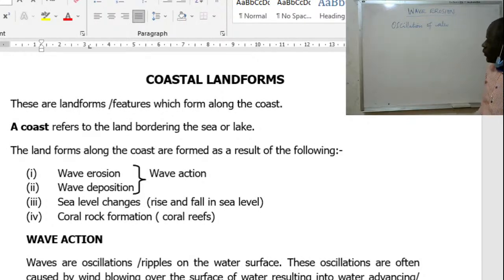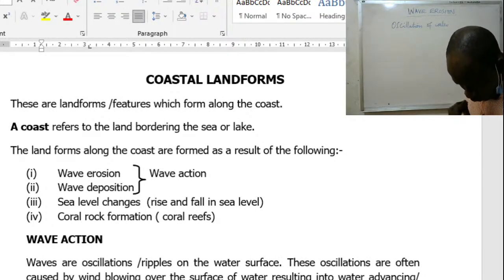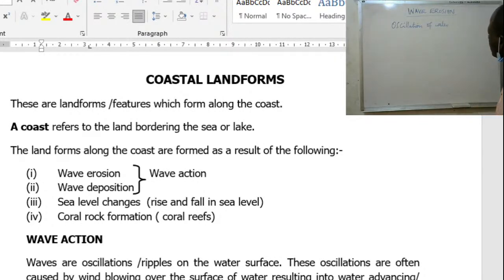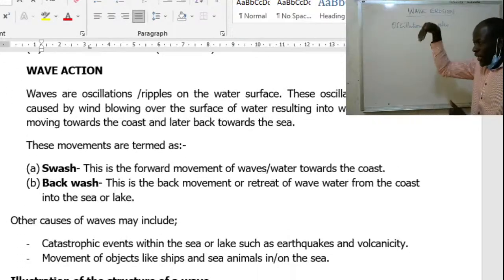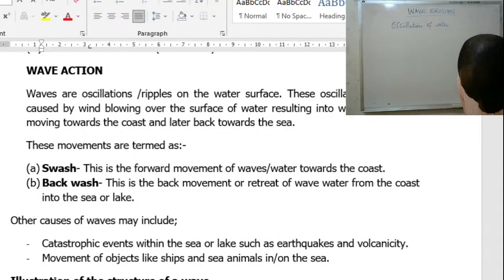So water within the sea or the ocean moves up and down towards the coast. So waves are oscillations of water on the surface of the sea or the lake. As the water oscillates, moves up and down towards the coast, that's what we call a wave.